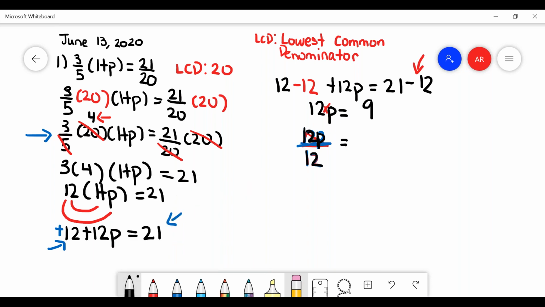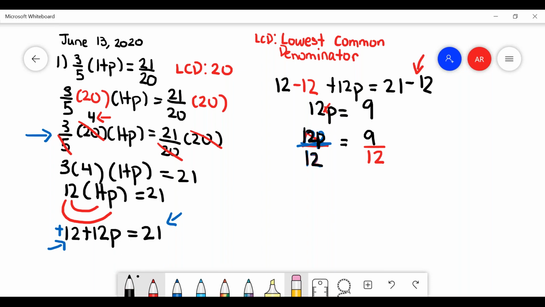And we also need to do the same thing we do to the left side to the right side. Keep that in mind. So as we divided the left side by 12, we need to also divide the right side by 12. So taking 9, which is what we have on the right side, and just going to do divided by 12. So basically now we just have 12p over 12 equals 9 over 12.